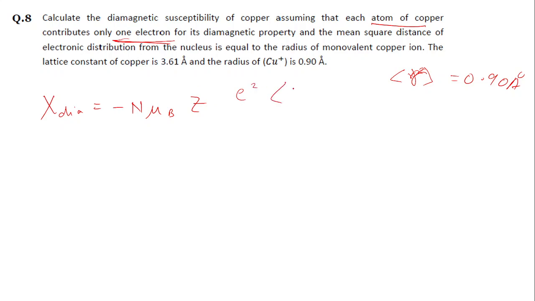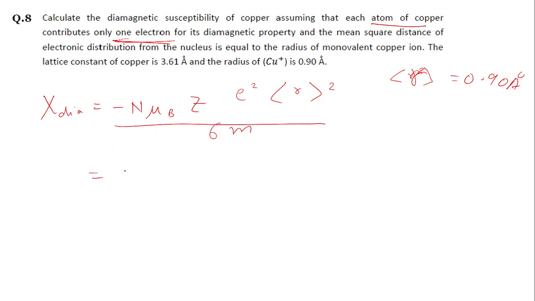E square, all multiplied, and times 6 times the mass of electron. Here n is the number of atoms per unit volume per meter cube. Z is the number of electrons available, so every atom is giving one electron. E is the charge of electron. R is this distance.